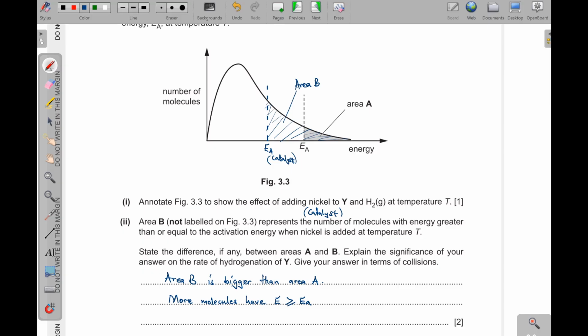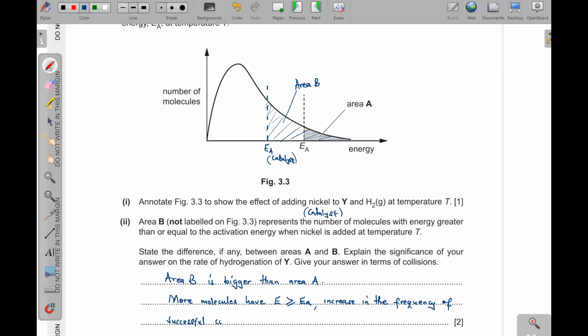Energy. So because of that, we are going to see greater or increased number, increase in the number or in the frequency, increase in the frequency of successful what?